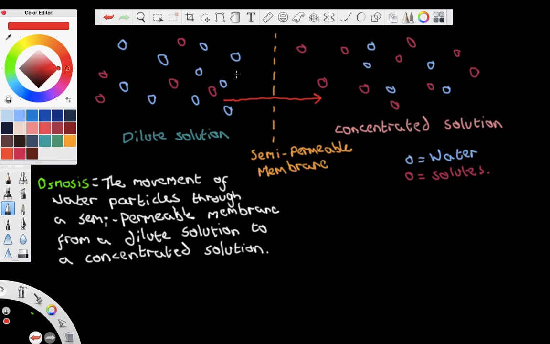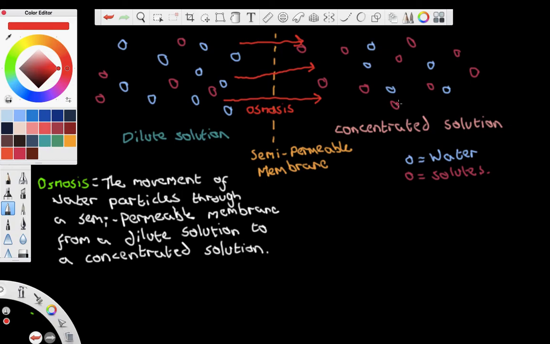So it is the movement of water particles from a dilute solution through a semi-permeable membrane to a concentrated solution. So these red arrows represent osmosis.